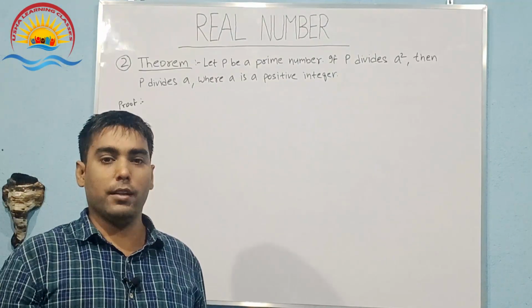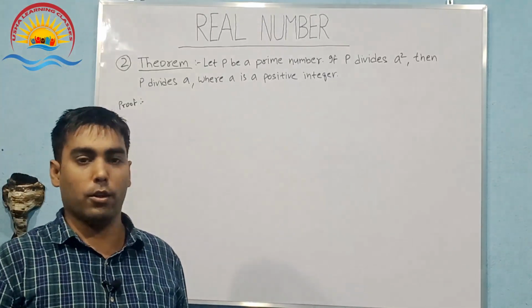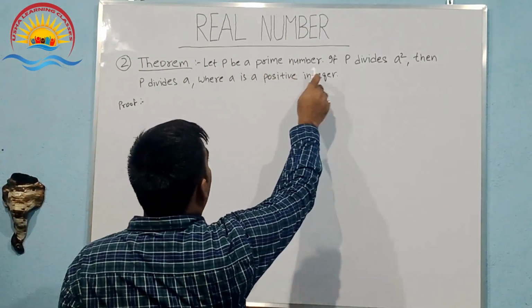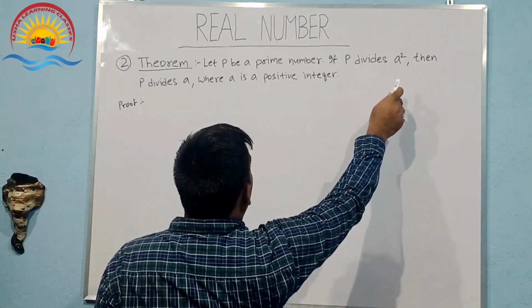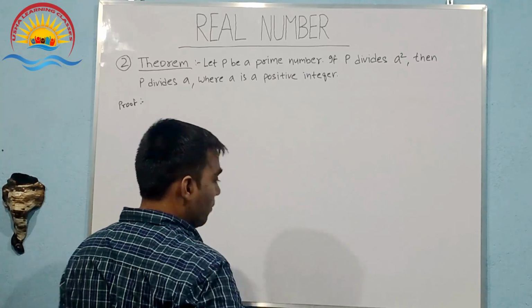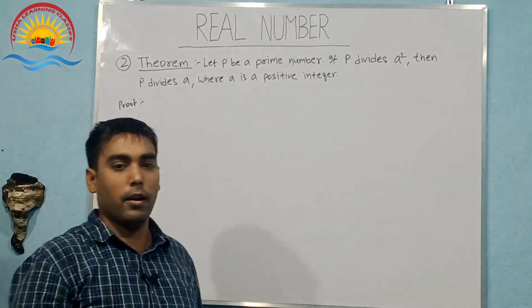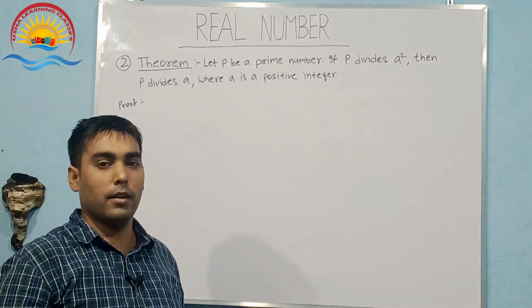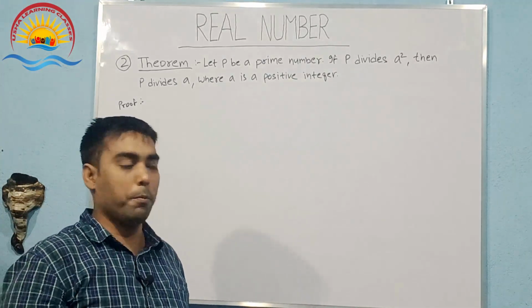Let us come to our next topic, that is proof of a theorem. The theorem is: let p be a prime number, if p divides a square, then p divides a, where a is a positive integer. We will prove this theorem by the fundamental theorem of arithmetic, and we know that any positive integer can be expressed as a product of primes.